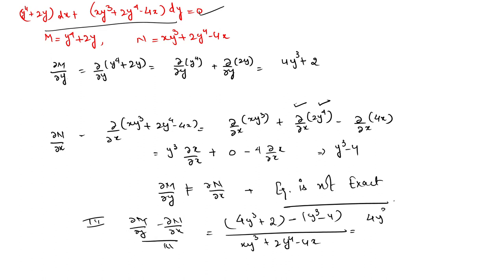That is (4y cube plus 2 minus y cube plus 4) divided by (xy cube plus 2y^4 minus 4x). So here it is (3y cube plus 6) divided by (xy cube plus 2y^4 minus 4x).